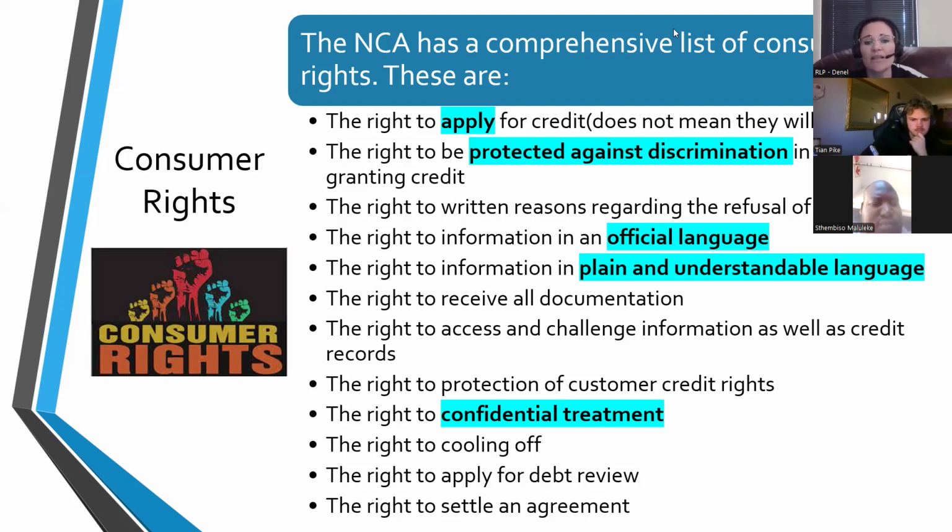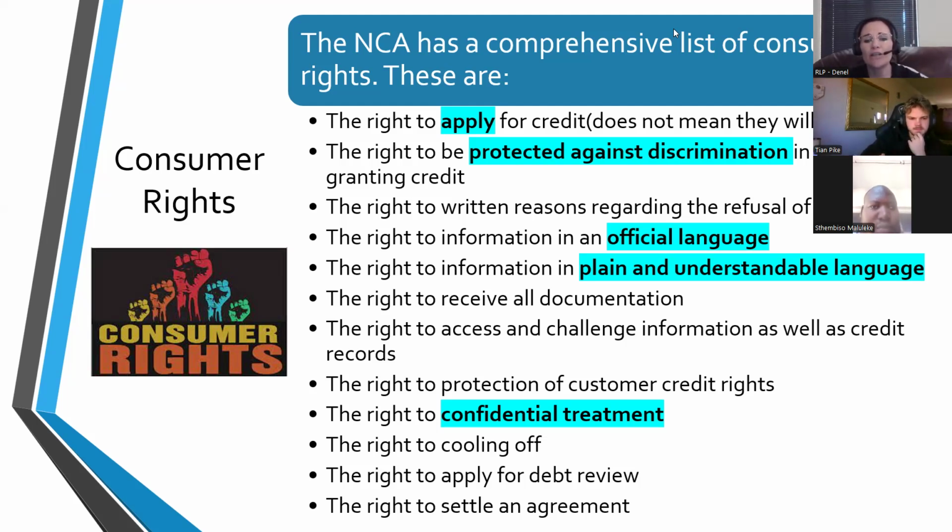Then the right to protection of customer credit rights, the right to confidential treatment, the right to cooling off, but it will only be applicable if the consumer entered into the agreement at any other premises than the registered business premises, right? Guys, remember that.